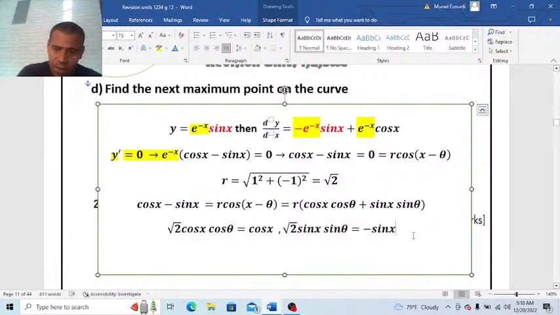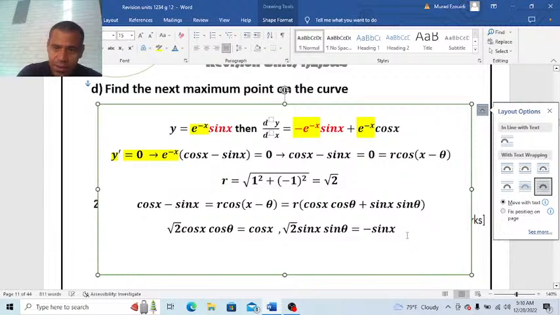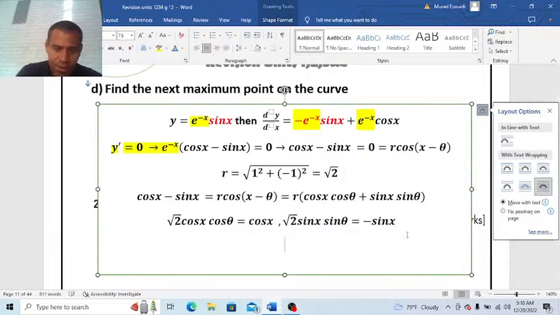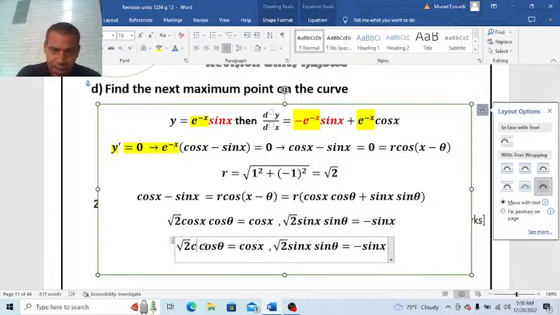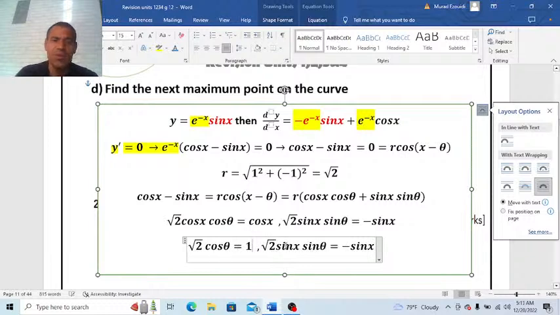Therefore I will make enter. Therefore I will write what? Now I will erase this one because cosine x equals cosine x, so it will be here 1. I will divide both sides by cosine, and here I will divide both sides by sine. Okay, so this is minus 1. Then you can use tangent ratio.